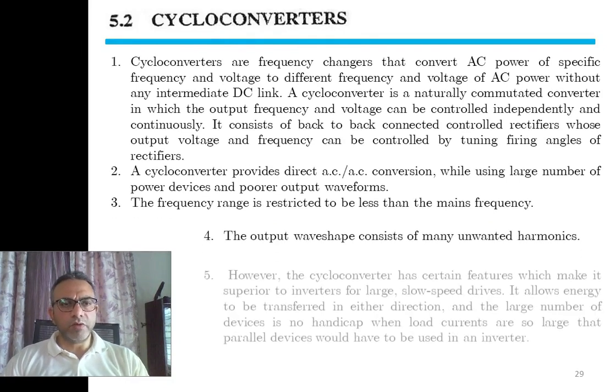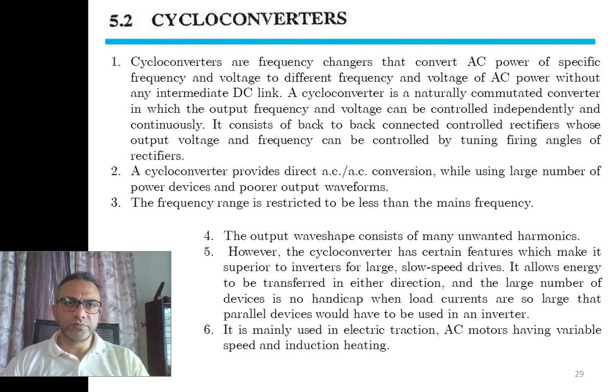Cycloconverters are power electronic circuits. Cycloconverters are frequency changers that convert AC power of specific frequency and voltage to different frequency and voltage of AC power without any intermediate DC link.